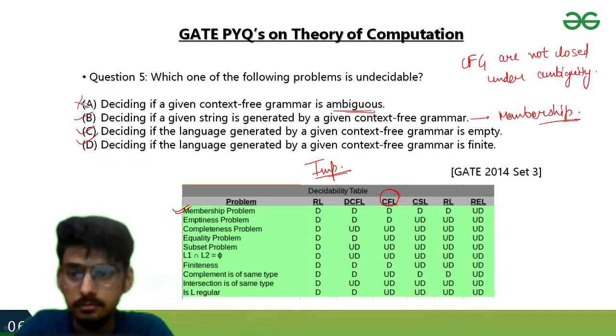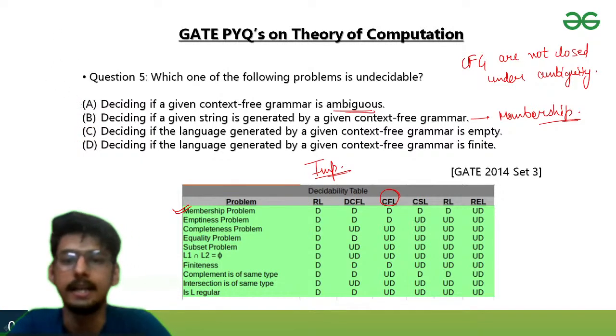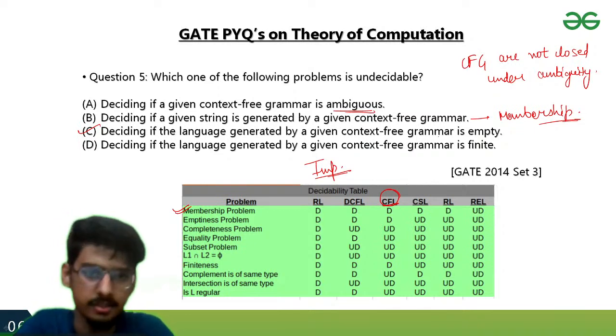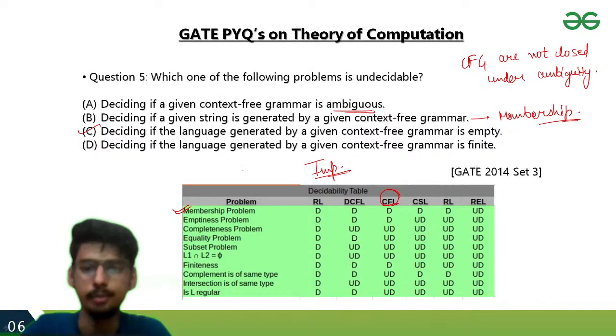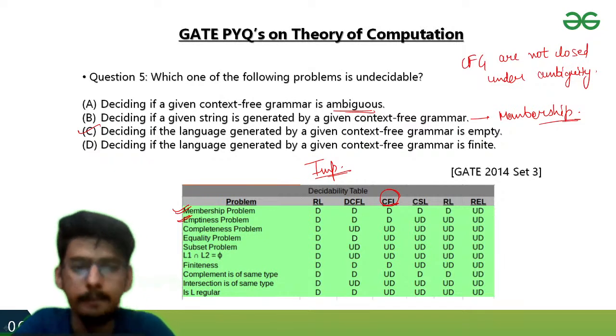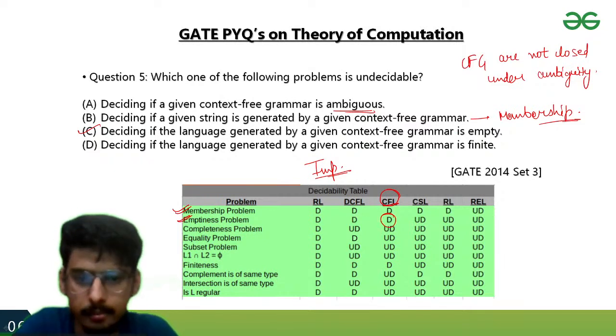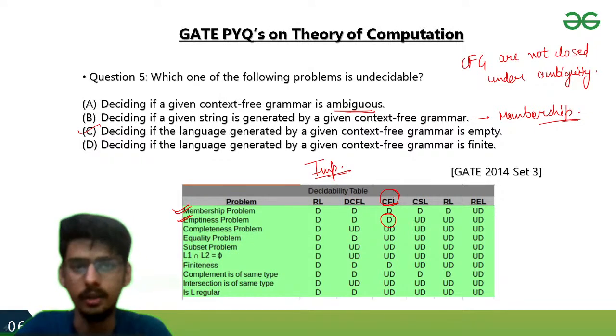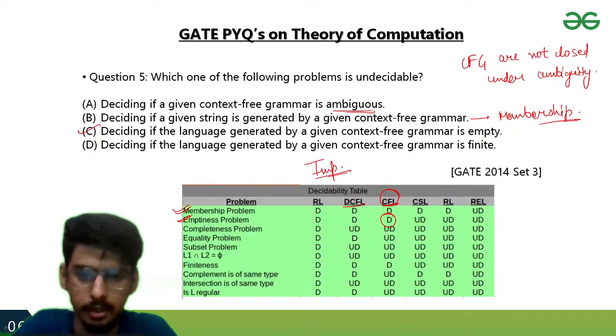All right. So basically, under the membership problem, CFL is decidable. Then this C option, which says whether the language is empty or not, that is the emptiness problem. Under the emptiness problem, context free languages are decidable. You can also check for deterministic context free, but if context free is closed under something, then DCFL will also be closed under it.